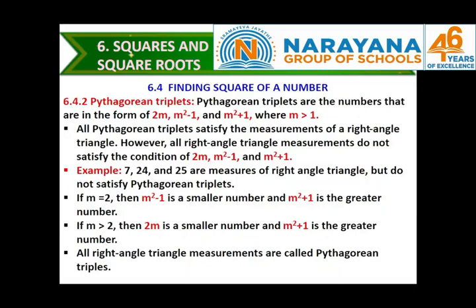See, m square minus 1, m square plus 1 and 2m are satisfying the right angle triangle, but all right angle triangle measurements are not satisfying this condition. Take the example 7, 24 and 25. These are satisfying the measurements of a right angle triangle but do not satisfy Pythagorean triplets. Okay? I hope you understood.